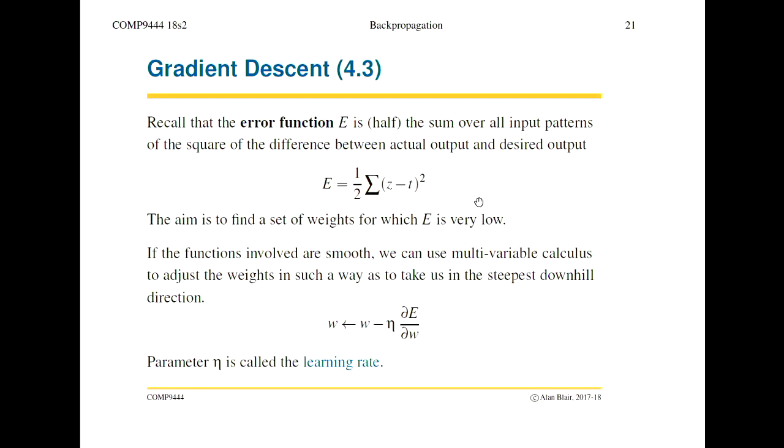Another way to think about this is to do with sensitivity. If dE by dW is positive, that means this is the change in E with respect to the change in W for that particular W. So increasing W in that direction will increase E. But I don't want to increase E, I want to decrease E. So that's why I have this minus sign here.